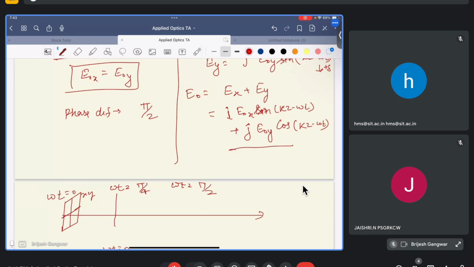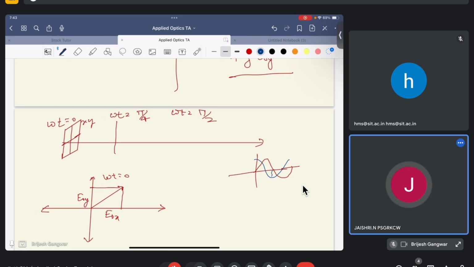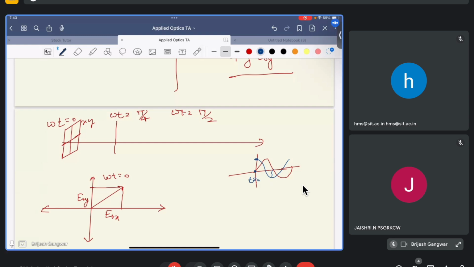So sine increases or decreases as time goes in the first quadrant. The sine wave is something like this, and the cos wave is something like that. Am I right? So t equal to 0 starts from here, and this is your t equal to pi by 4, right?